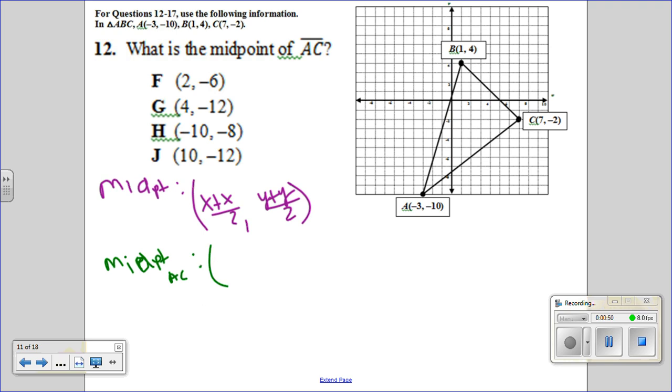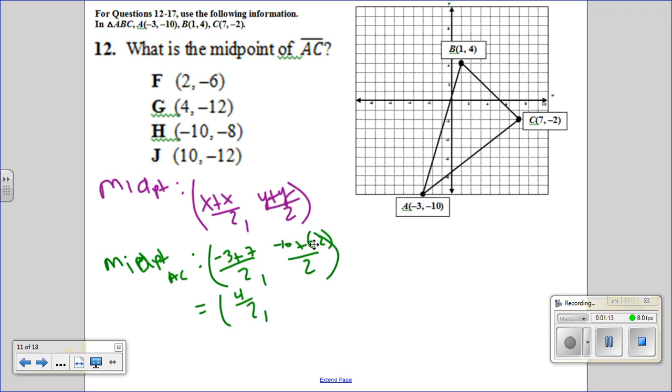our X's are negative 3 plus 7 divided by 2. Our Y's are negative 10 plus negative 2 divided by 2. Negative 3 plus 7 is a positive 4.